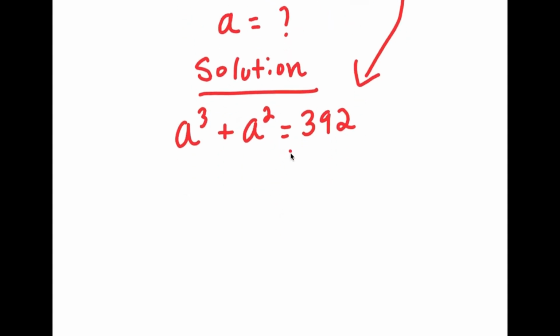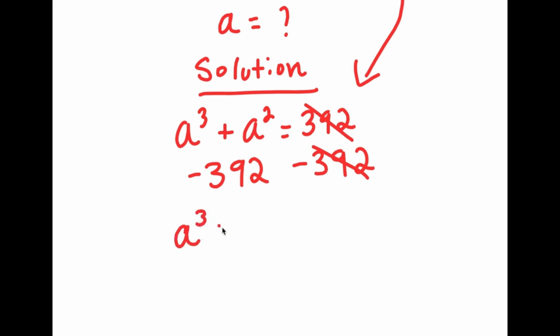And now I'm going to subtract 392 on both sides. So these two cancel out, and this turns into a to the power of 3 plus a squared minus 392 is equal to 0.